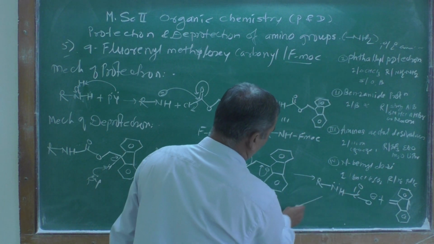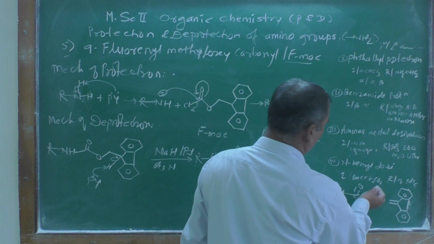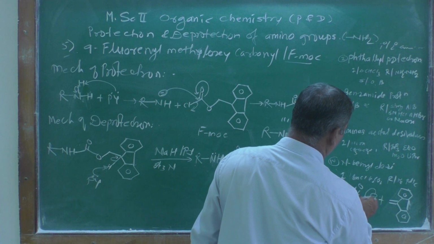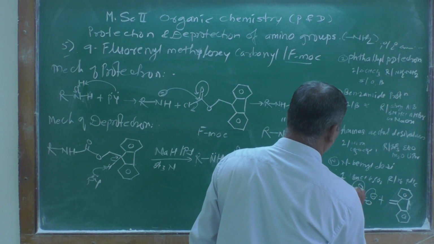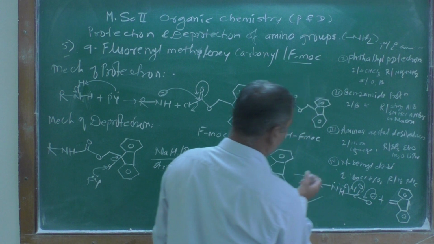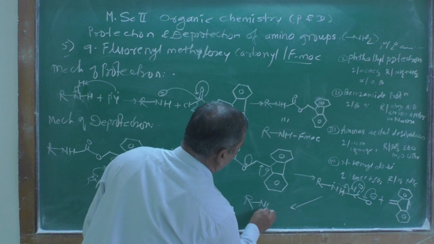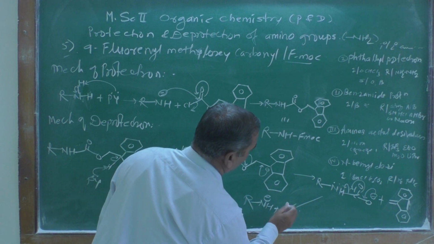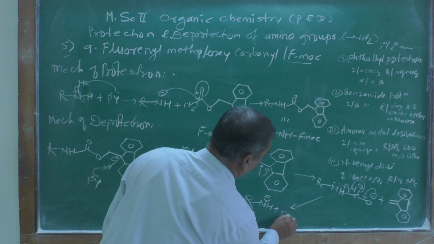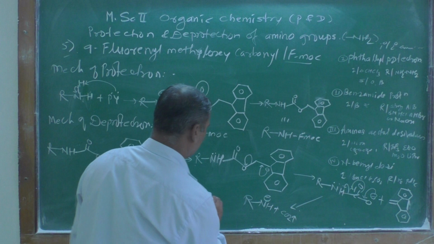Now finally in the workup, what is happening? This negative charge forms a double bond over there, and we get R, NH with a minus charge, plus carbon dioxide evolved during this process.